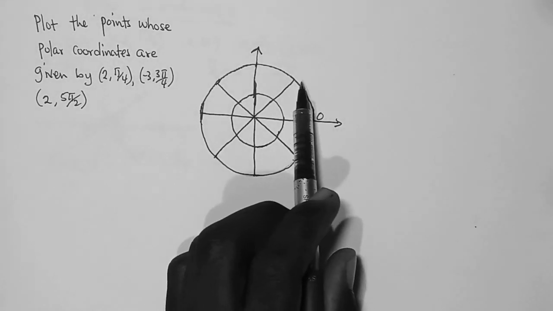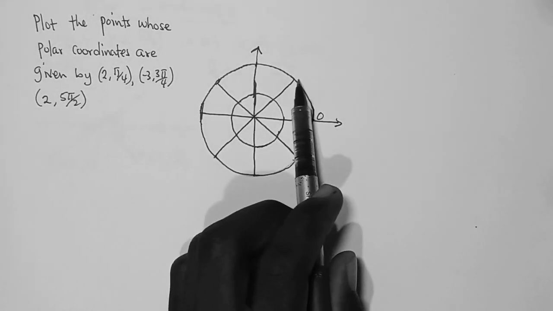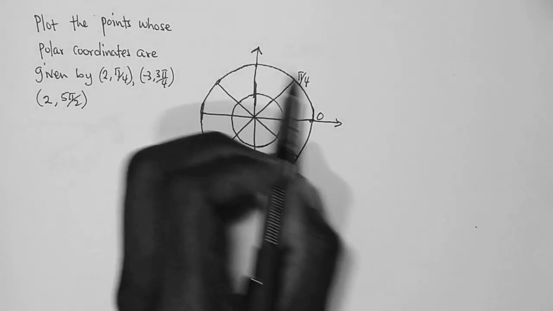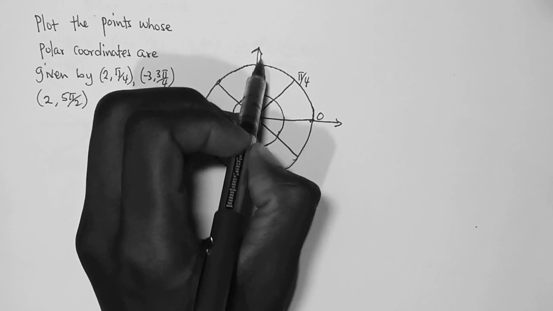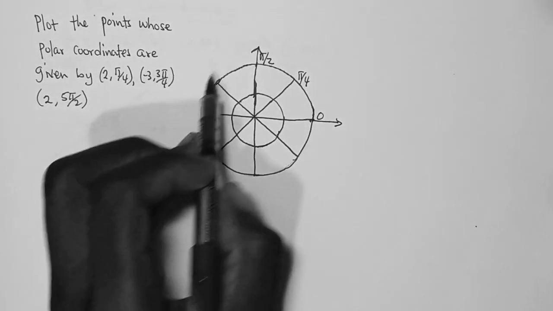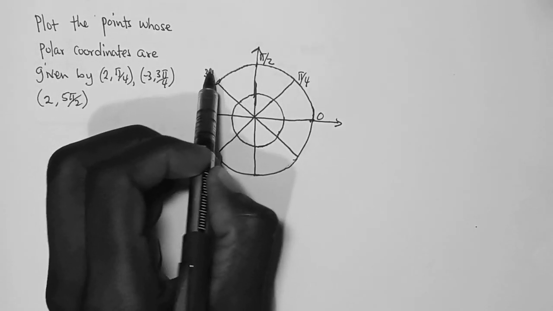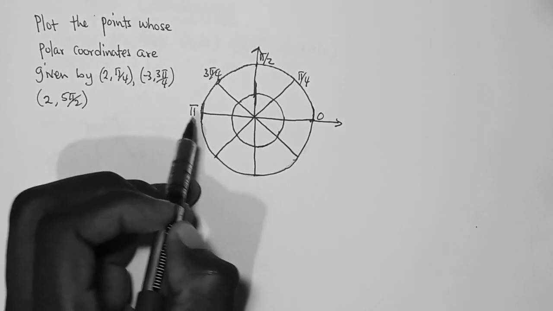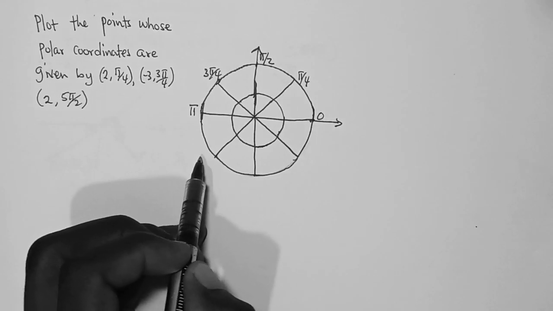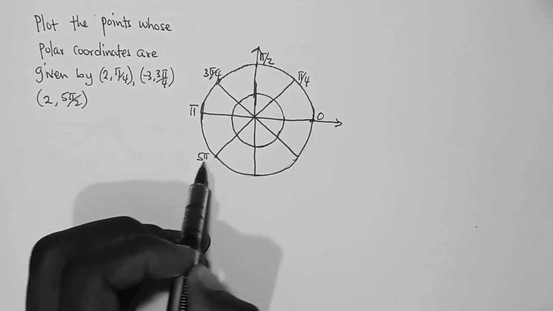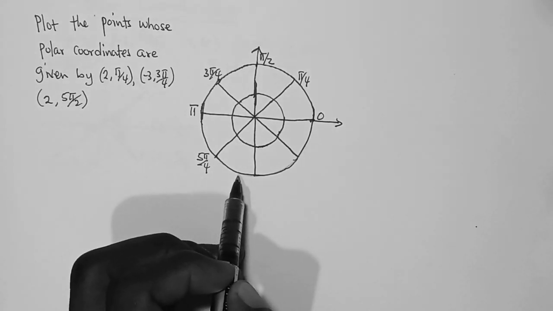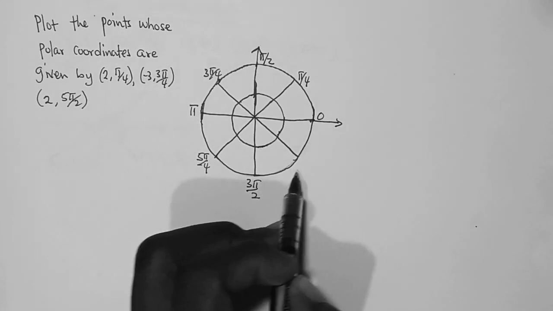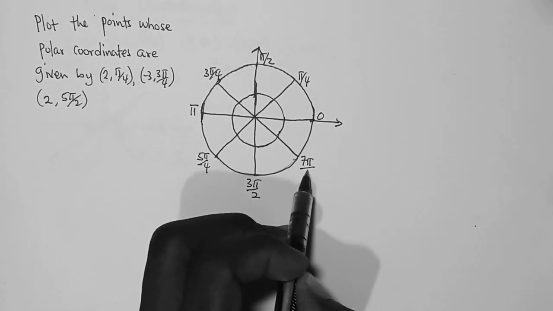Then this is pi on 4. Adding another pi on 4, here will be pi on 2, plus another pi on 4 we get 3 pi on 4. Then plus another pi on 4, here will be pi. Then pi plus pi on 4 is 5 pi on 4, then 3 pi on 2, then 7 pi on 4.